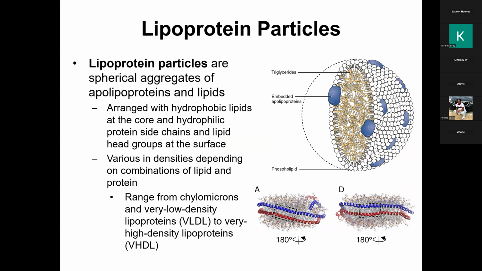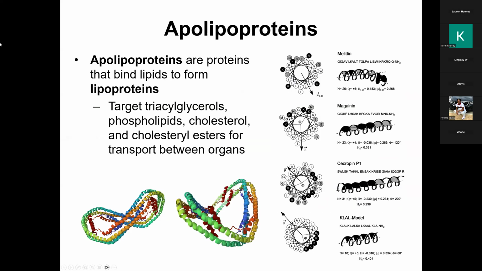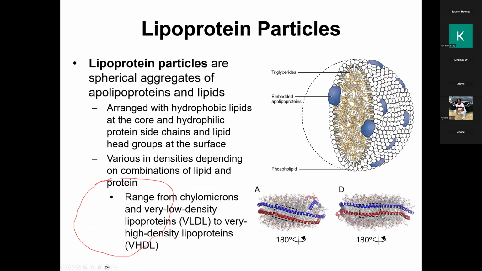An apolipoprotein is this protein. It's kind of like a belt made up of alpha helixes, which are really soluble. And of course, fat is not soluble. So these wrap around the fat, as shown here.